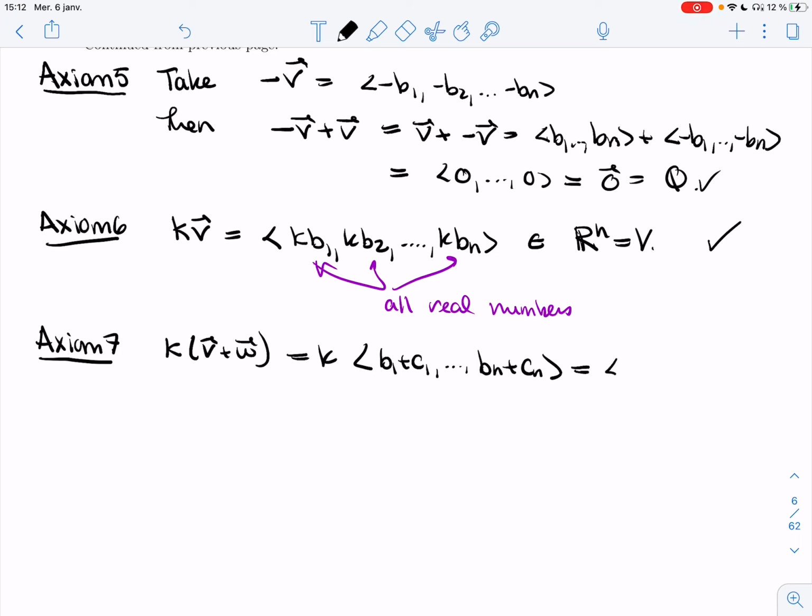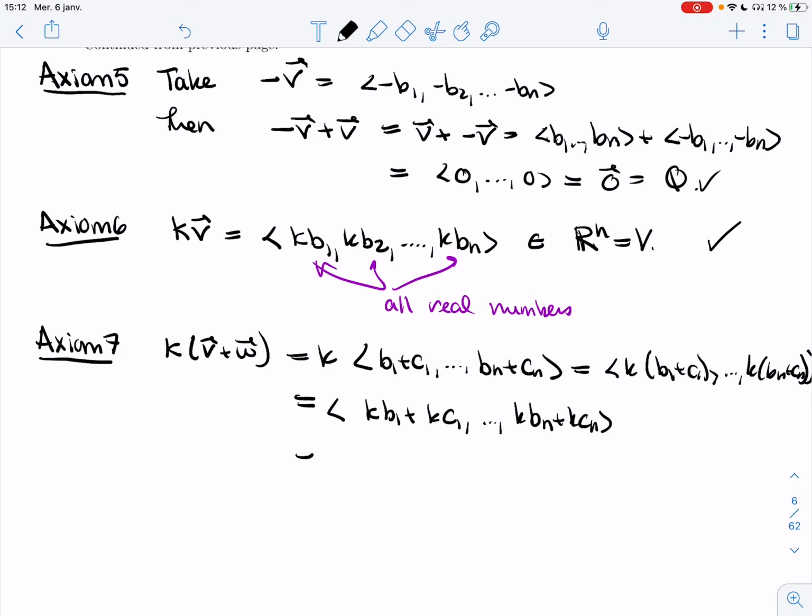So I can multiply the K inside. Sorry, a bit tight. And then I can multiply it in using what I know about real numbers. So all of these kind of come down to what we already know about real numbers.